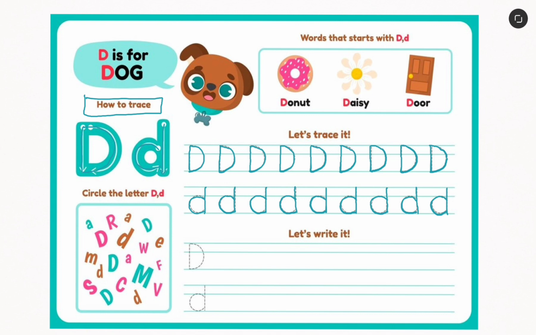Very good. Good job. Now we've learned how to trace the alphabet D, that is the capital D and the small d. Now let's write it ourselves without using the guideline.